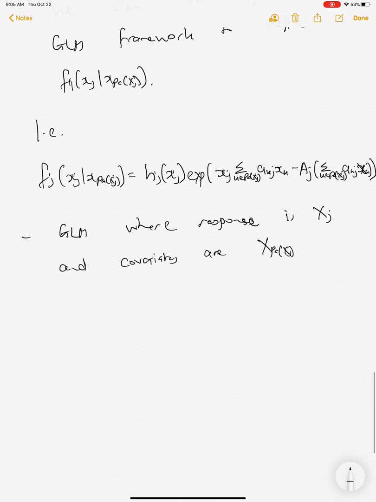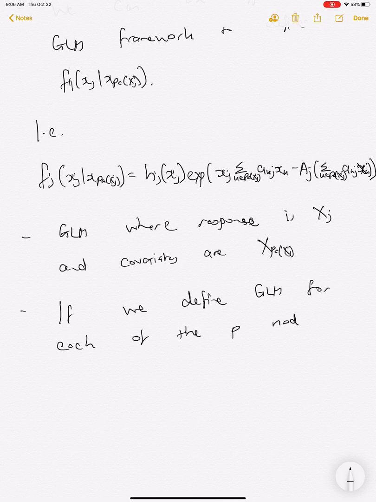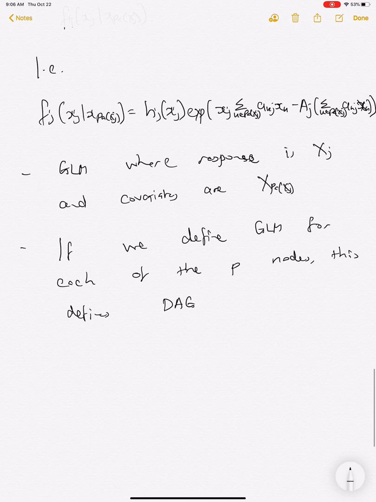And so if we define a GLM for each of the p nodes, this defines a DAG. Okay, and so this defines a DAG through factorization.